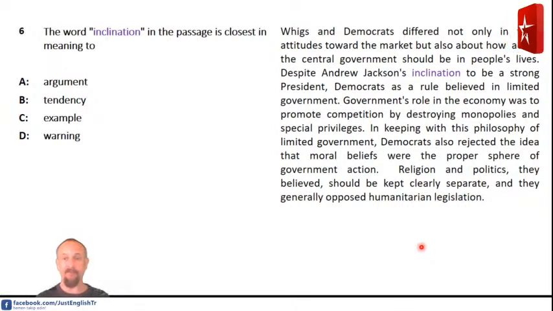In keeping with this philosophy of limited government, Democrats also rejected the idea that moral beliefs were the proper sphere of government action. Religion and politics, they believed, should be kept clearly separate, and they generally opposed humanitarian legislation. Humanitarian.